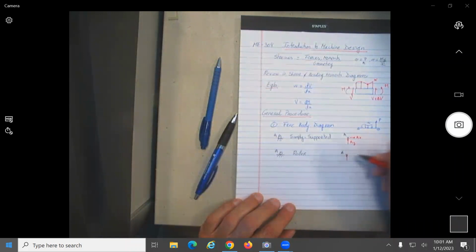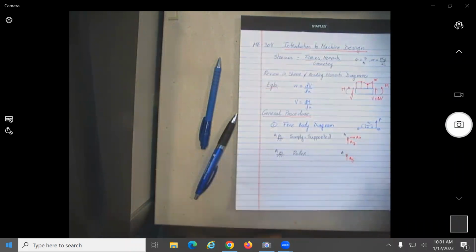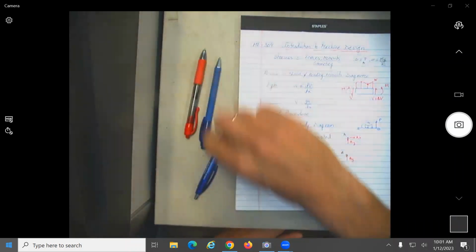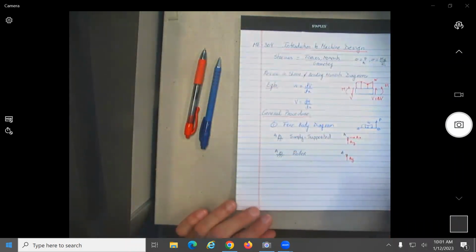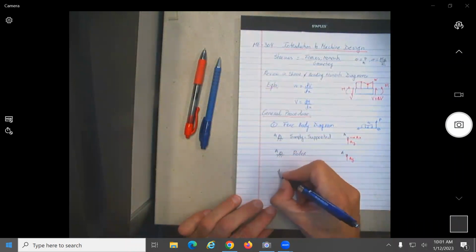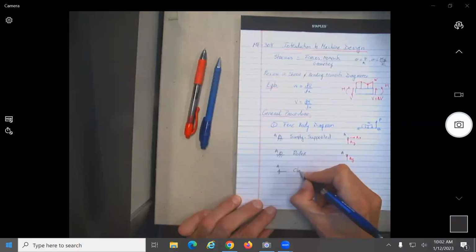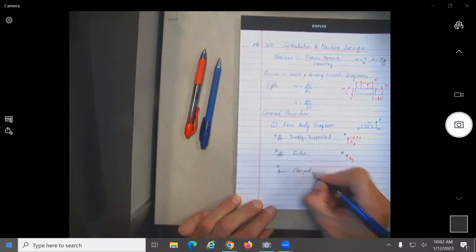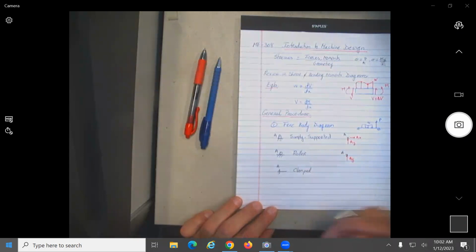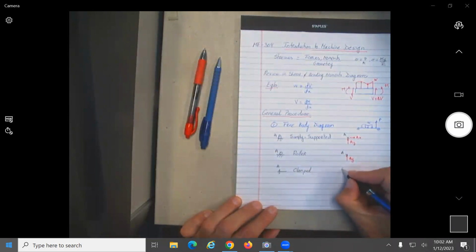Yeah, so basically this one, we only have the Y, no X. And what could be the last one? Let's say it will be this one here. Let's say I call it clamp. Sometimes they call it cantilever. So this time you need to replace this one by what?